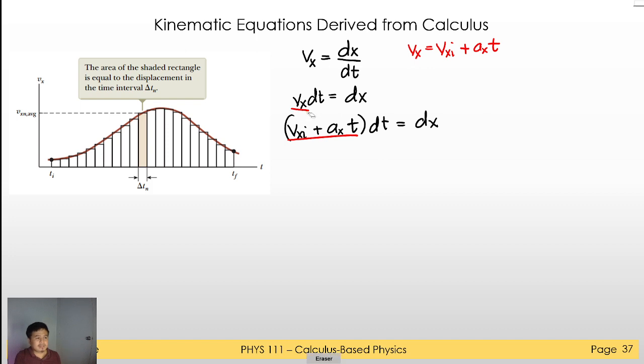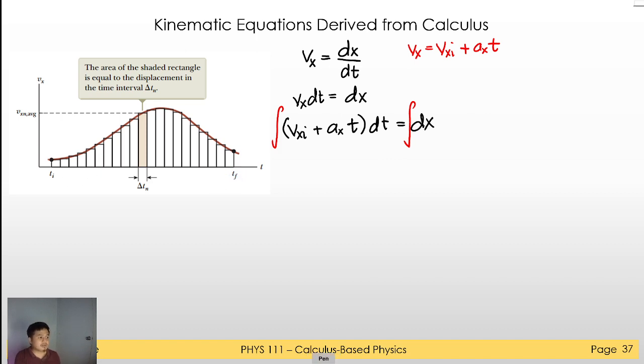Now, how do we evaluate or simplify this equation? This is called a differential equation. We can use the integral function to eliminate the derivatives. To do this, we find the definite integral from the initial time to the final time.